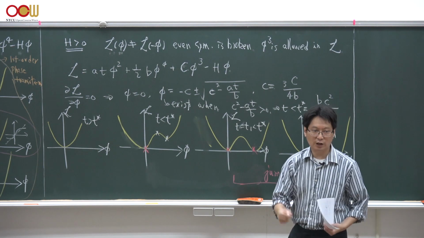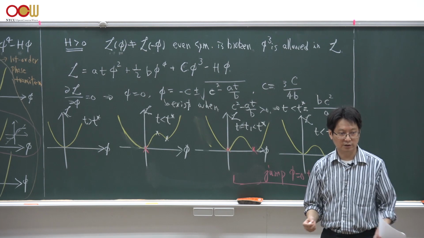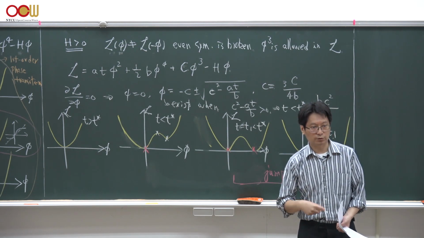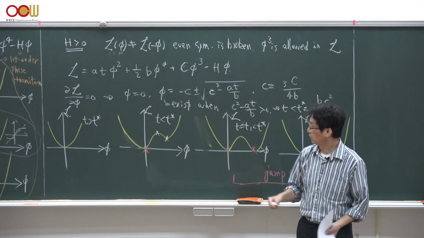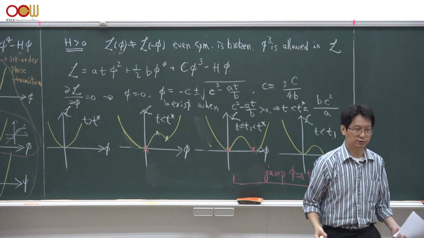The phi cubic term is allowed in this Landau's free energy in the absence of this even symmetry. And our previous argument that all these odd power terms vanish does not hold here, because remember previously the reason why we throw away all these odd power expansion terms is because we have the zero field limit.